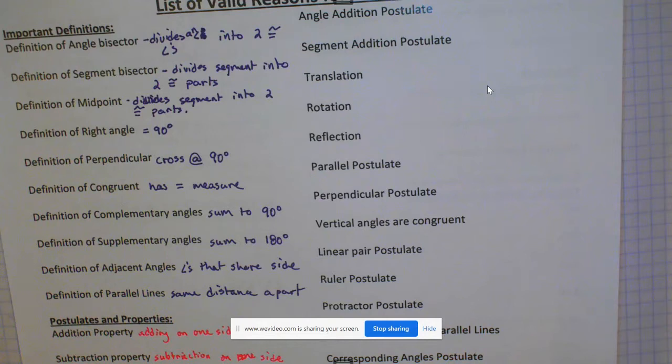Now, these first proofs that we're going to do are going to solely be based around segments and angles. So we're going to start off kind of easy here.